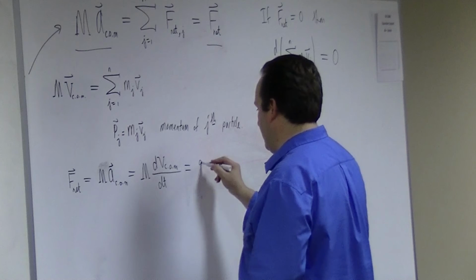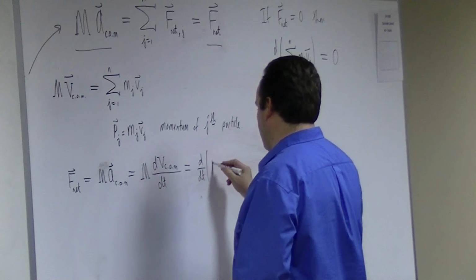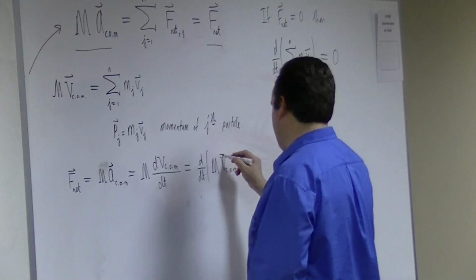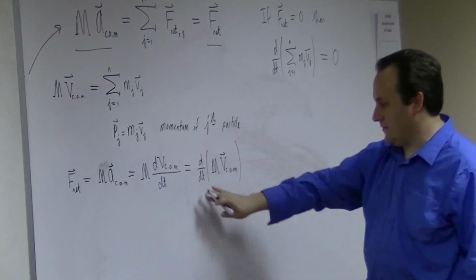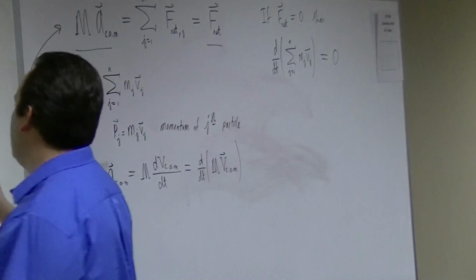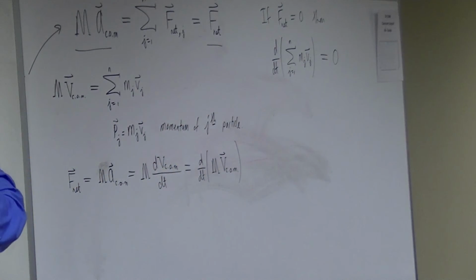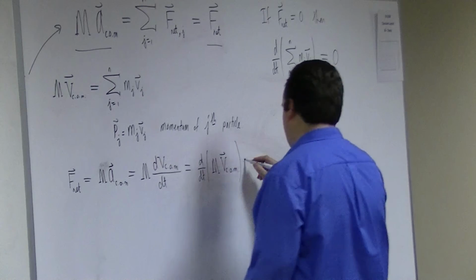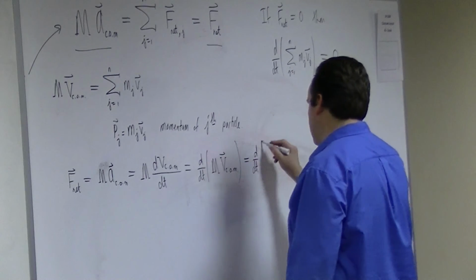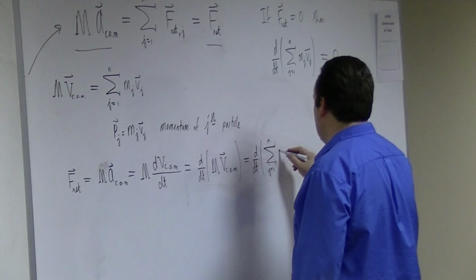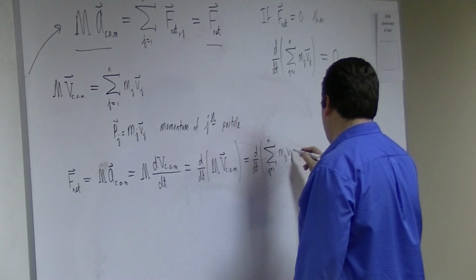But you can rewrite that as d/dt of the total mass times the velocity of the center of mass. But if you look at the formula for the velocity of center of mass, if you multiply this by m, you're just left with d/dt of the sum j equals 1 to n of m sub j, v sub j.